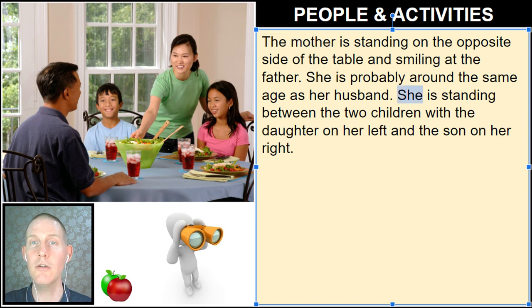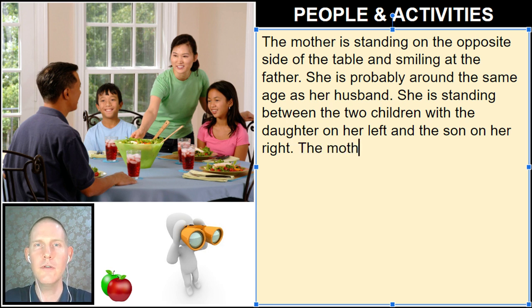There's one child on each side, and when we say her left or her right, that means from her point of view. So if we were looking through her eyes, on her left would be the daughter, on her right would be the son, right?